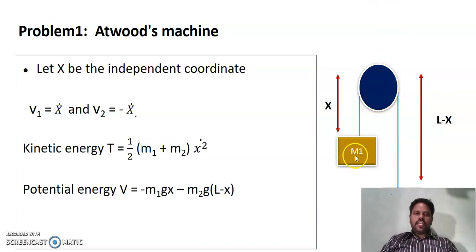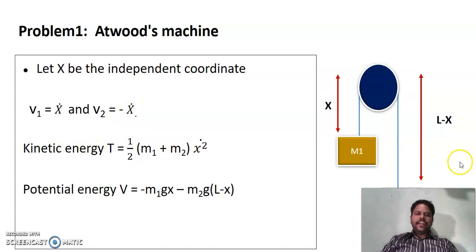Then the velocity of mass m1 is given by v1 is equal to ẋ, whereas the velocity of mass m2, on differentiating L minus x, reduces to minus ẋ.